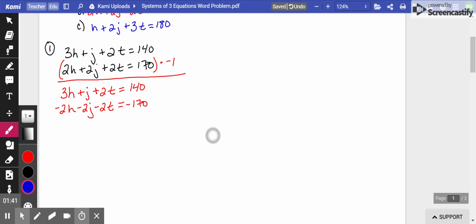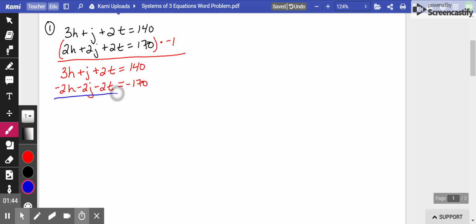And now you're just going to combine these equations. So 3h minus 2h is h, j minus 2j is -j, 2t minus 2t cancels, and 140 minus 170 is -30. We're going to name this equation D, because it's a new equation.